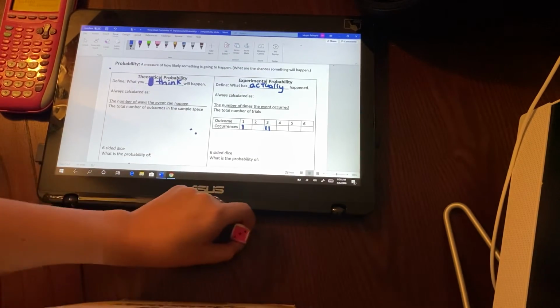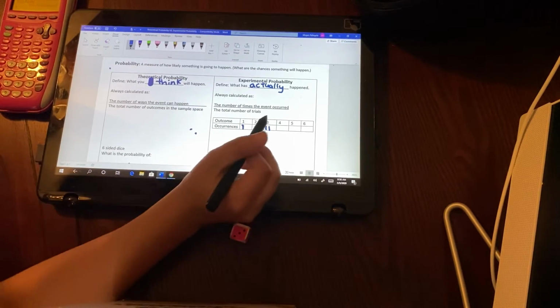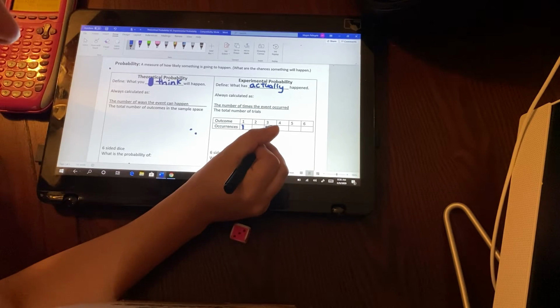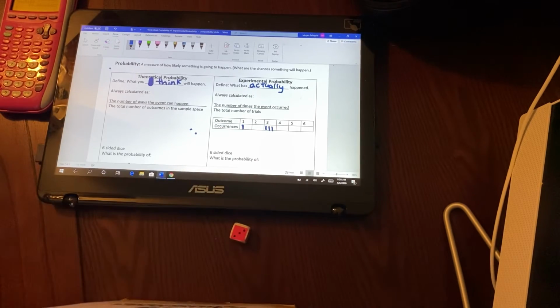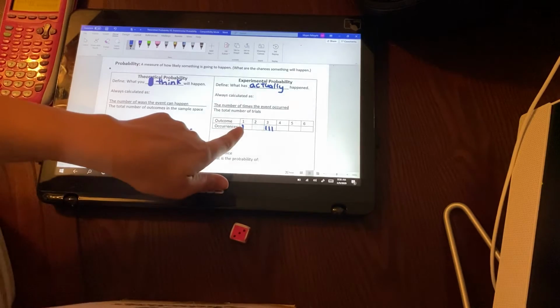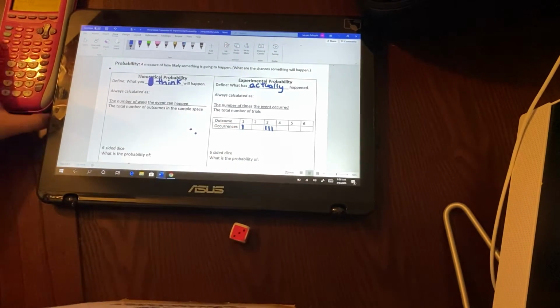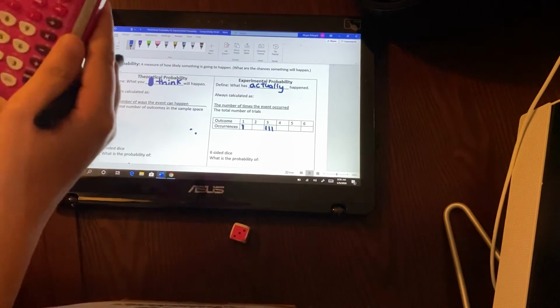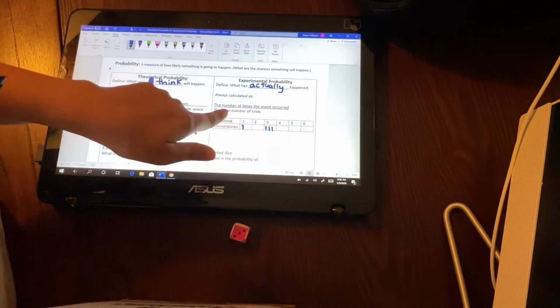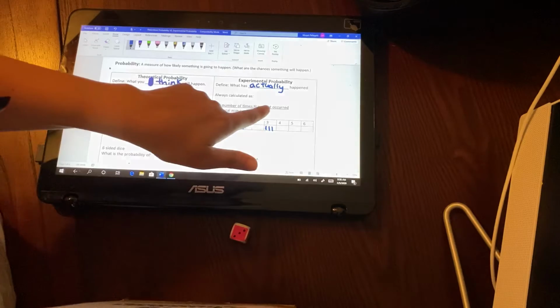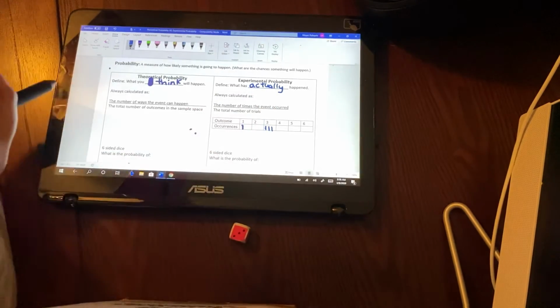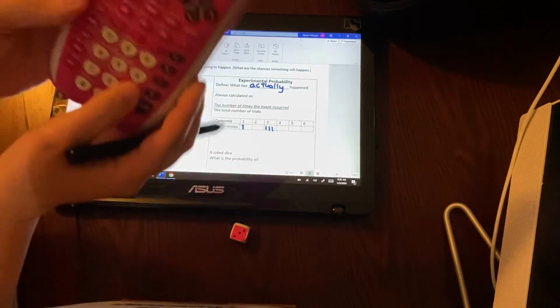Okay, so out of a total of 4 trials, so we've had 1, 2, 3, 4. 4 trials, that's the bottom. The number of times that it has occurred. Well, we've gotten 3 out of those 4 times.